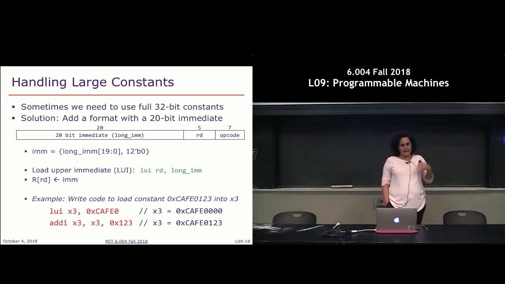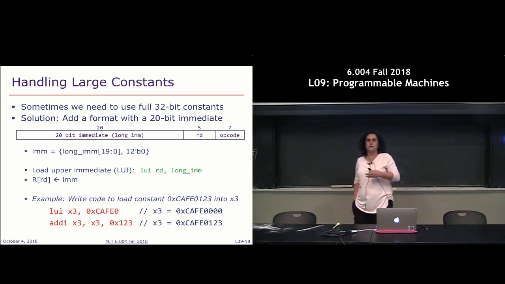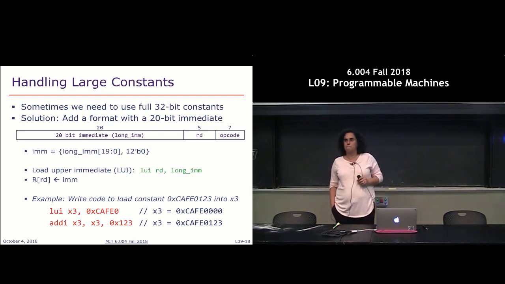I would load that into X3, and that's going to result in X3 having this value with 12 zeros appended to the end of it. Okay? So then I can do an add I instruction, because now my constant fits into 12 bits, and so I'm going to add my 1, 2, 3, and now I have the 32-bit value that I wanted in my register X3, which I can then continue to work with.